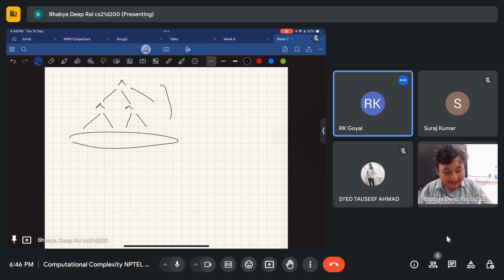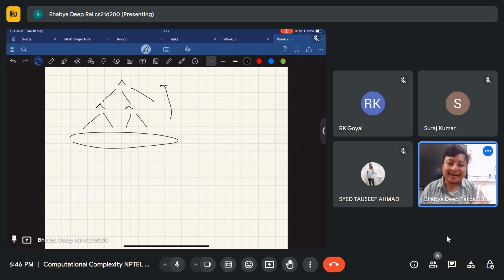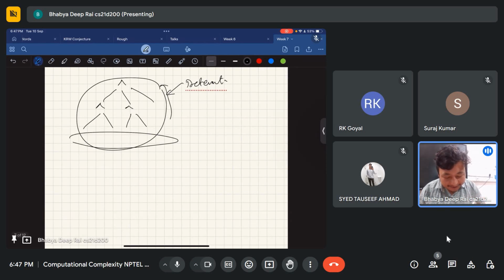So the question we are asking is how many certificates there will be. This circuit model is still deterministic only. You don't make guesses out here, but we are asking for the number of satisfying assignments for this circuit.